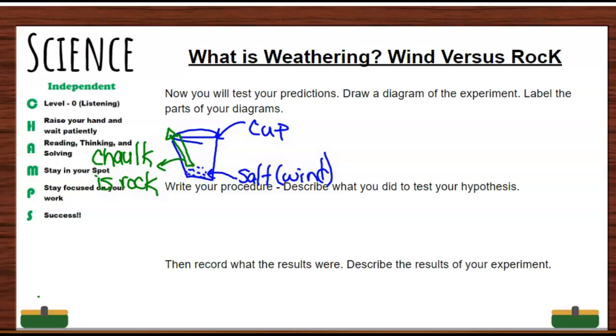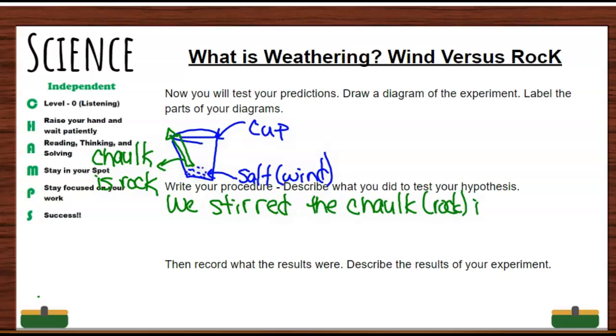So, write your procedure. What did we do? We stirred the chalk, which is the rock, in the salt for how long?